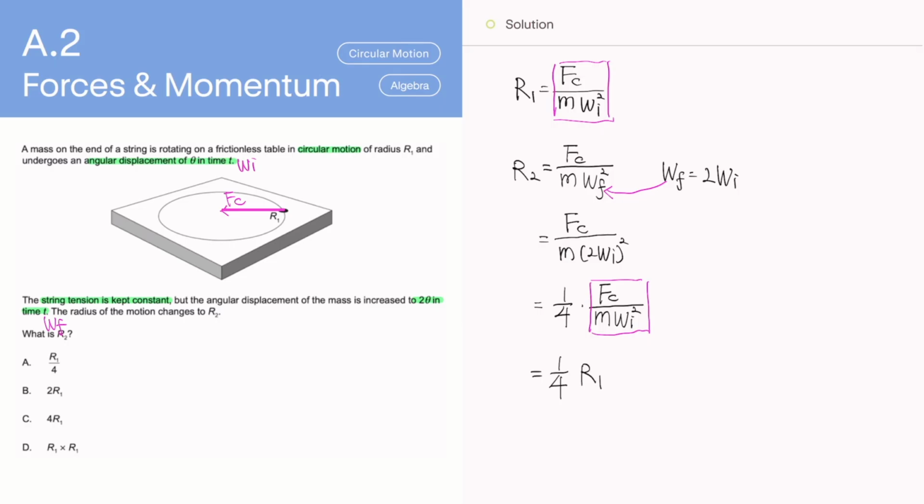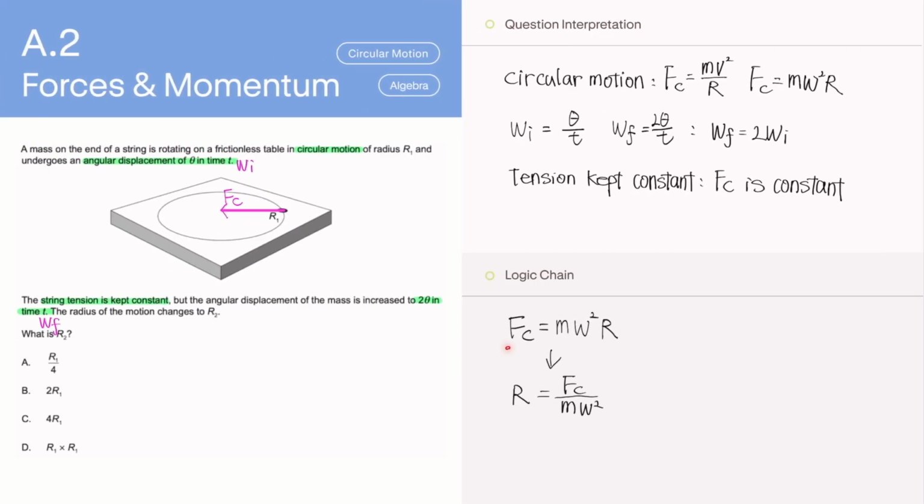Let's summarize. In this video, we talked about how to solve algebra problems. Algebra problems always involve 2 scenarios: before and after. To solve the problems, you need to first get the right equations, and then rearrange to make what we are looking for the subject.